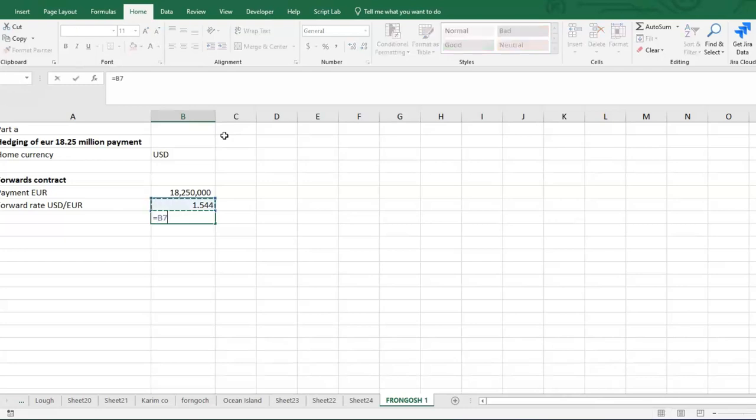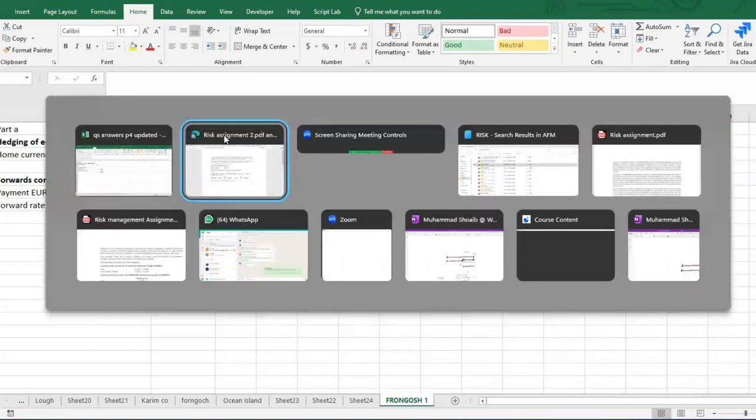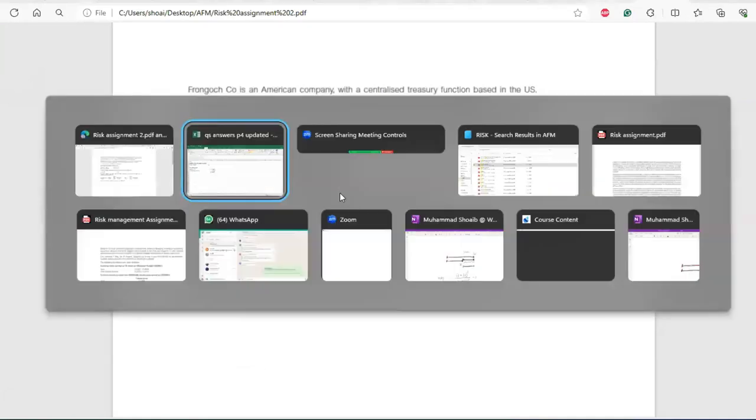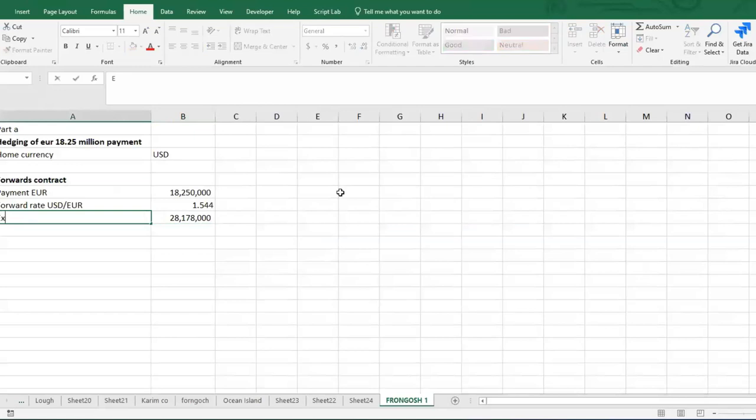So expected payment. So this is the expected payment in USD.